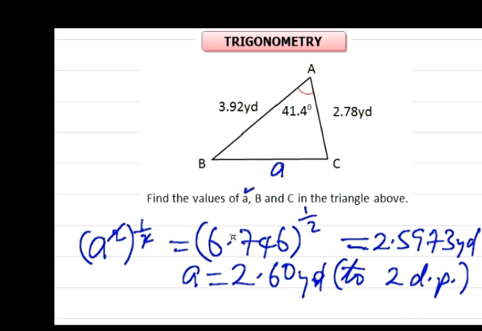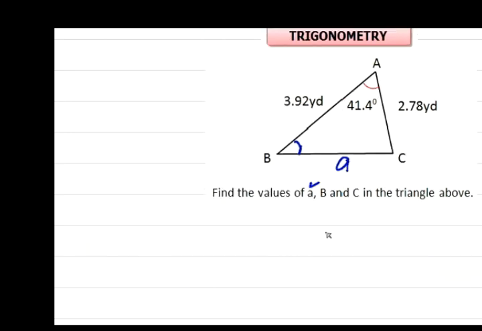So we should find the value of B, this angle B. Since we know this side, we know this, we know this, we can use this to get it. That is B and A to get the angle B. Okay, let's do that. Now to get our B, we can use any formula, provided it will be the easier option.